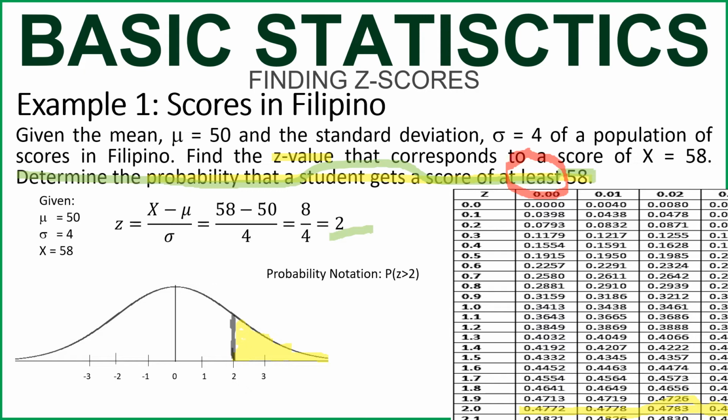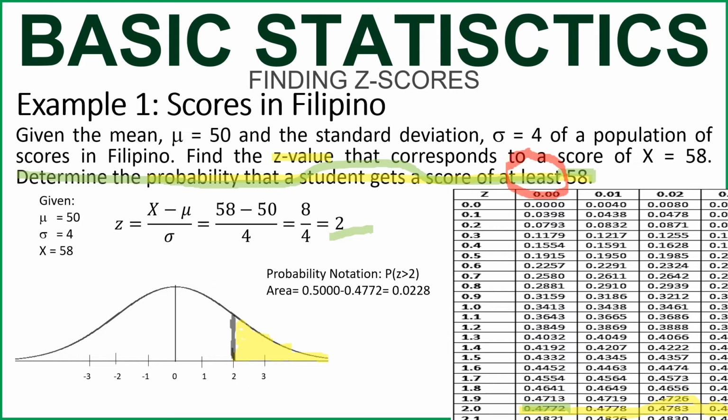Therefore, kung magi-intersect yan, 2.0, then magi-intersect sa 0, yung pinakauna yung value ng 2 sa Z table, which is 0.4772.